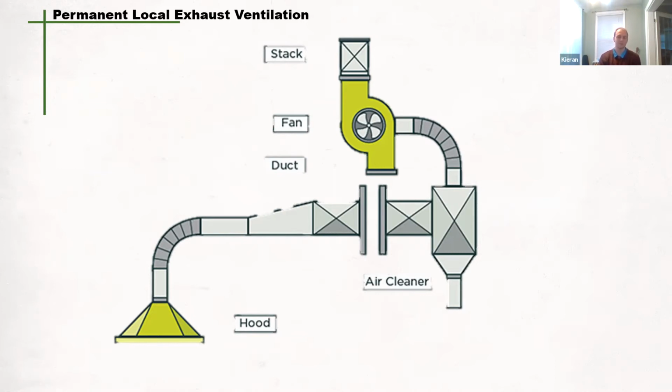Oftentimes someone with some level of expertise, such as an industrial hygienist, will have to be involved to ensure that where that goes outside, it doesn't go into another airway. A lot of the time, air that is ventilated outside gets recirculated inside if it's not located properly with the right kind of ducts. So there's a lot of things to be aware of here.